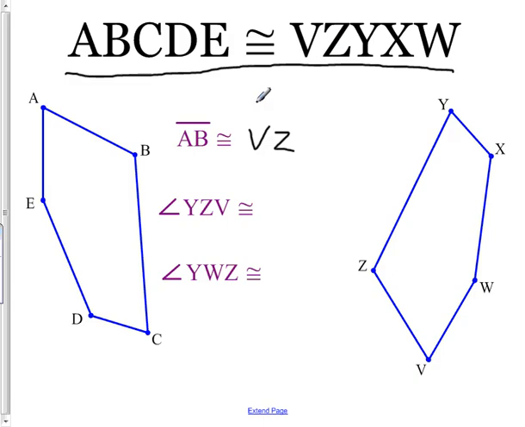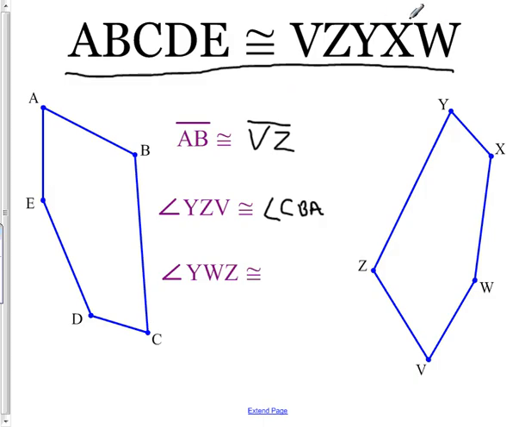They're the first two letters on the other picture. Then if I said angle YZV, that's third, second, first letter, that'd be congruent to angle CBA.